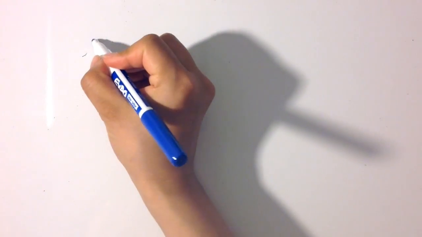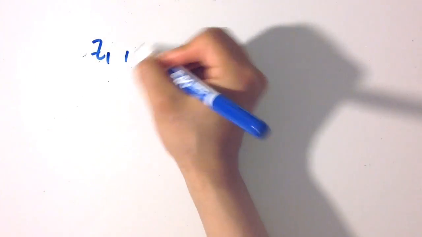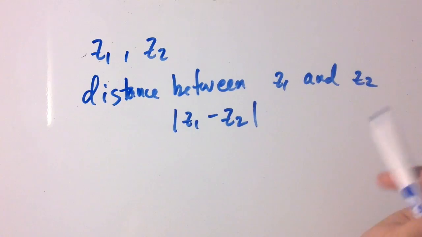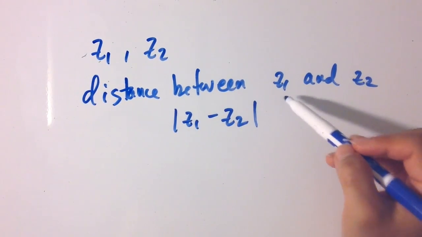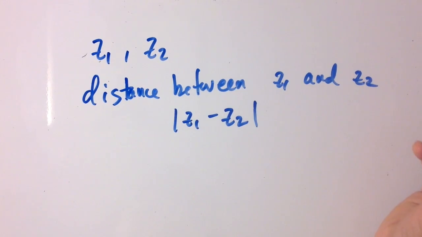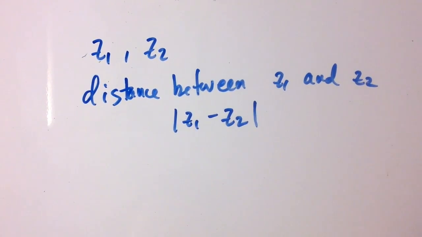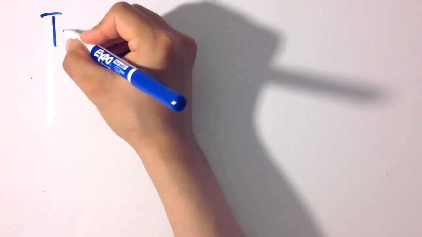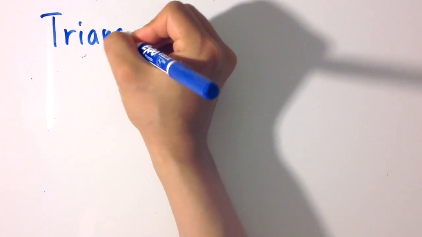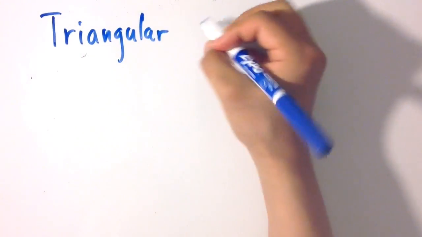And given two complex numbers, z1 and z2, the distance between z1 and z2 is given as the modulus of z1 minus z2. Now that we consider distances between 2 points, we can establish the triangular inequality for complex numbers.